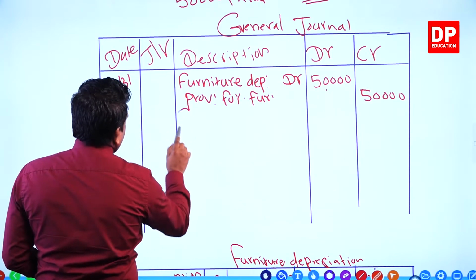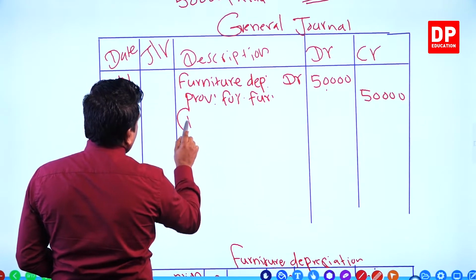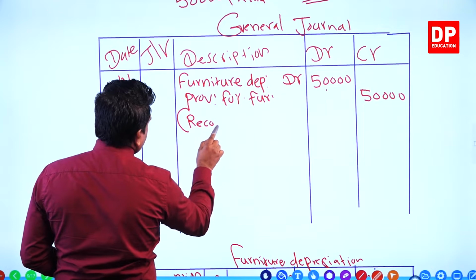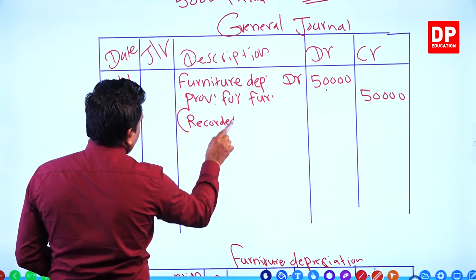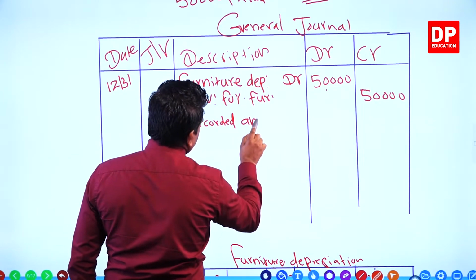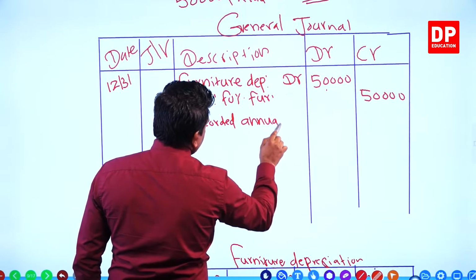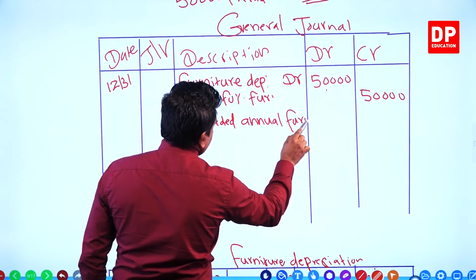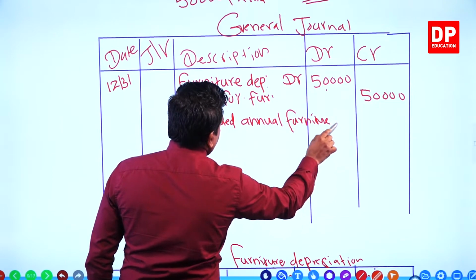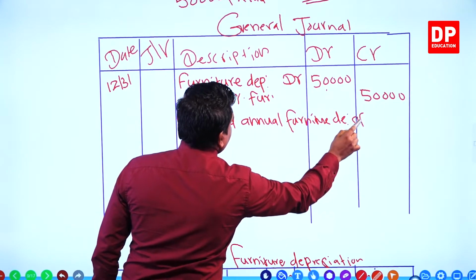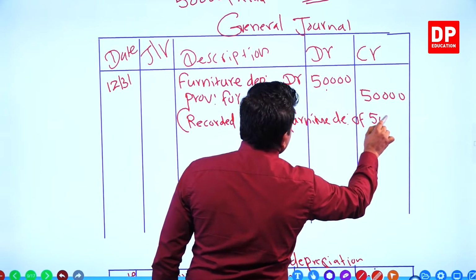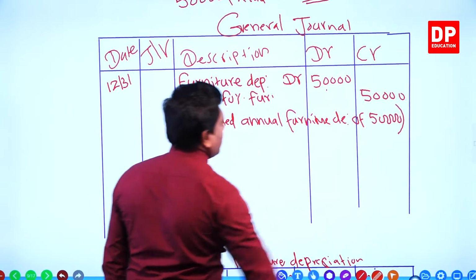Within brackets you write the narration: recorded annual furniture depreciation of 50,000. Yeah.